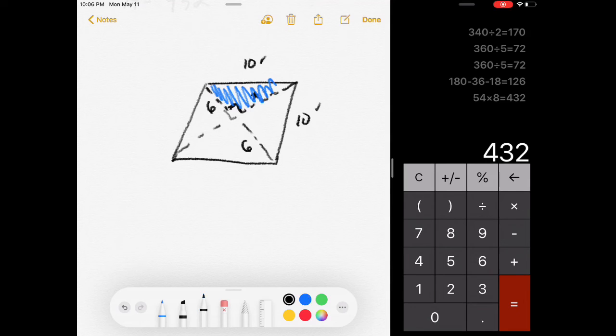Let's isolate this portion. Always remember this one is 90 degrees, based on our formula. And then we have here the 10 and then 6. From there, we could use SOHCAHTOA.